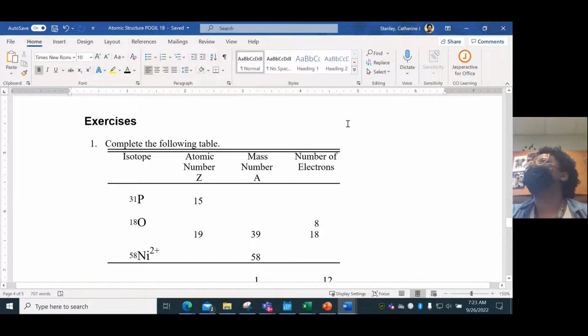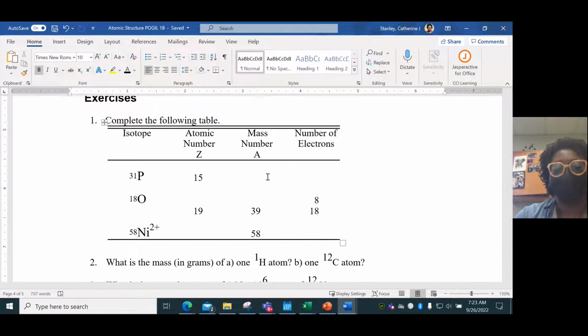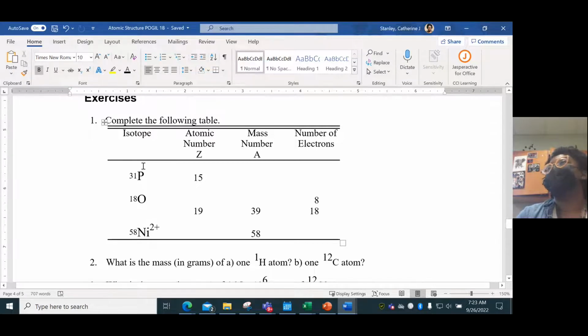Okay, cool. This is what your test is gonna look like. A chart like this, okay? I'm kind of sort of fibbing, but not really, because I haven't made your test yet. We're gonna see how this week goes. All right, so you've only been given a small portion of information. We've only been given the isotope. For this one, we have 31 phosphorus.